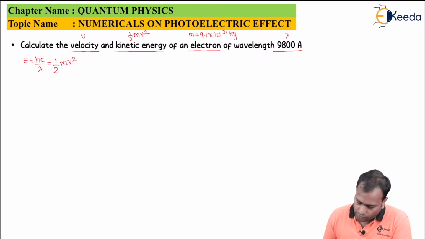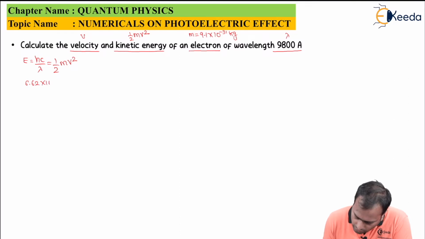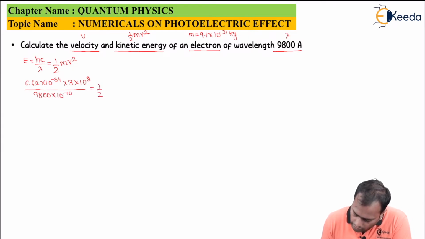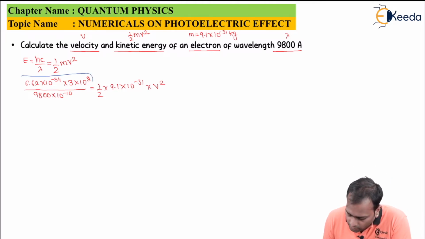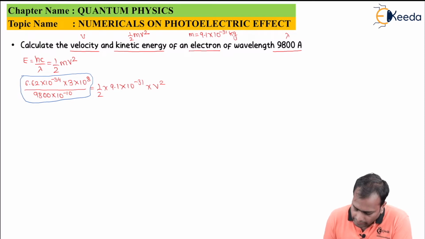Now, substituting the values, I would say 6.62 into 10 to the power minus 34 times 3 into 10 raised to 8 divided by 9800 multiplied by 10 raised to minus 10 equals half into 9.1 into 10 to the power minus 31 into v square. And just by using the expression on the left hand side, you will be finding the kinetic energy.